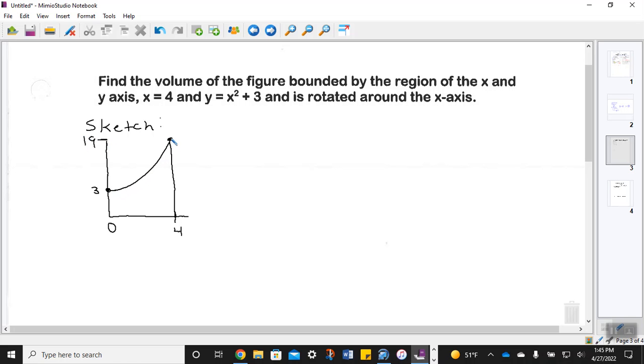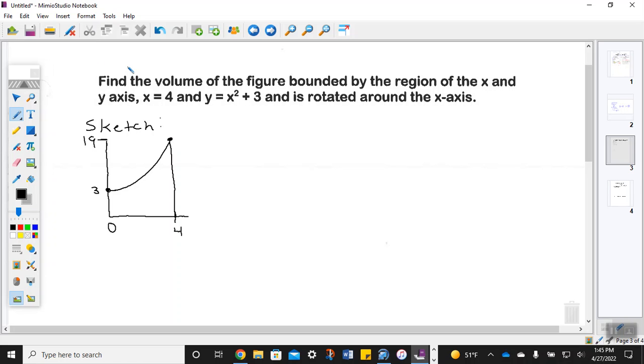Okay. So I'm going to highlight the bounded area we're really talking about. So here's the deal. These are our boundaries. There's the X and Y axis. Here's X equals 4. And here's the X squared plus 3 right there.